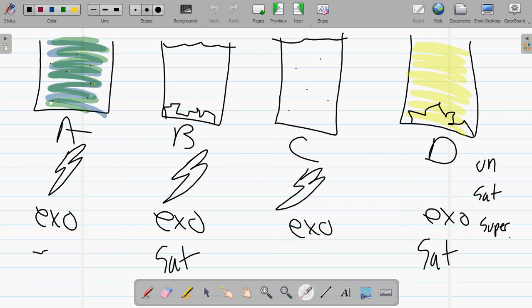And once the crystals crystallize, then you have an equilibrium of sorts between crystal growth and dissolving of the crystals. And at that point, you have a saturated solution. So the A and C could be saturated, but they could also be unsaturated. Okay? But B and D we know are saturated, or they're the most likely to be saturated because they have crystals.